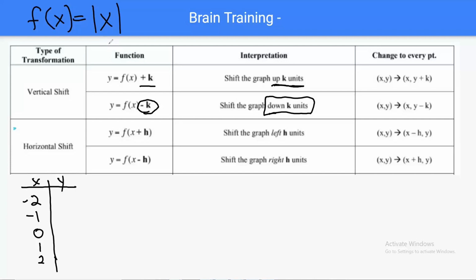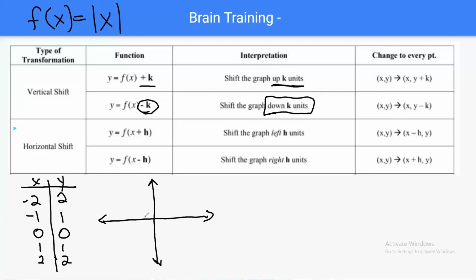What is the absolute value of -2? 2. What's the absolute value of -1? 1. What's the absolute value of 0? 0. What's the absolute value of 1? 1, and then 2, right?